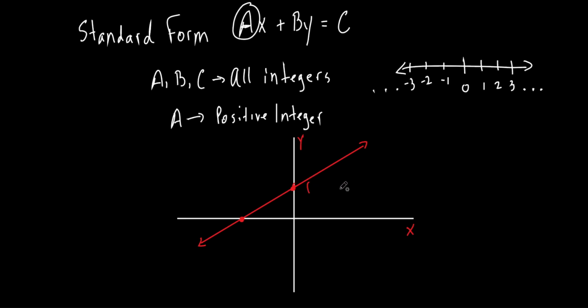So the ordered pair for that point right there: if I'm starting here at the origin and I want to get to here, how far on the x-axis do I have to go? It's kind of a trick question, a little bit. On the x-axis, how far do I go to get up here? 0. Very good. You got it.